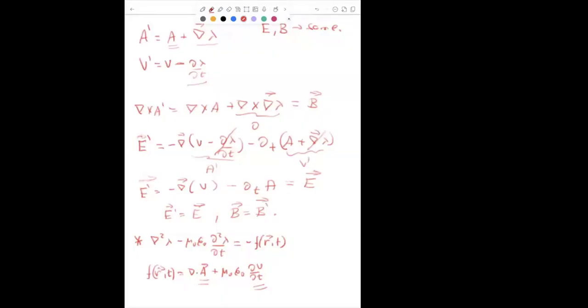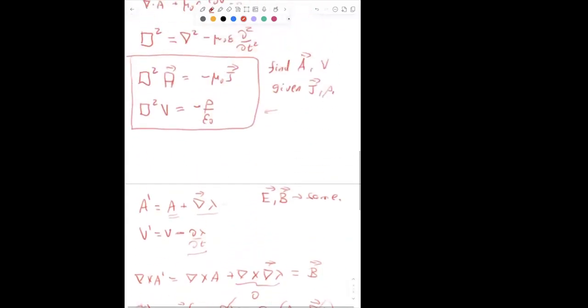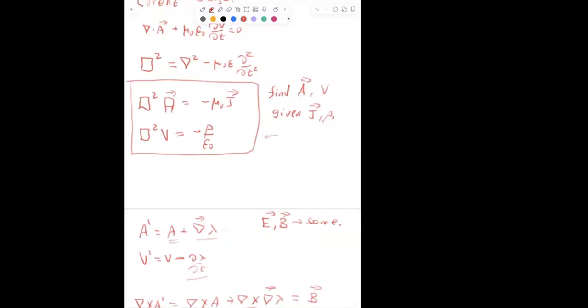This equation you can solve in principle, and then there is such a lambda. Now, this is not so interesting from a practical point of view. All you need to know is that there is some lambda that satisfies this equation, and then you can always go from one gauge to another. But of course, what we do is work in this Lorentz gauge, and this is a special type of gauge, simply because of the symmetry.